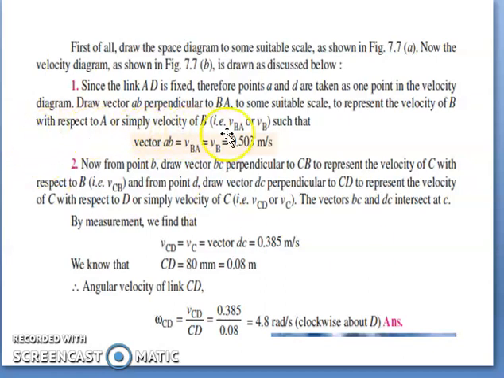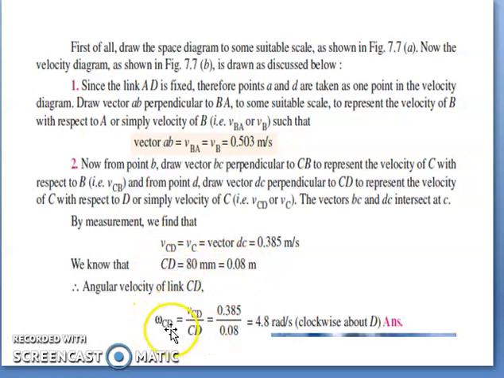So after finding out, you can measure it. If you measure, you can see that it is 0.385 meter per second. So you know that velocity of CD is equal to, you know what is the magnitude. You also know that velocity of CD is equal to omega CD into CD.